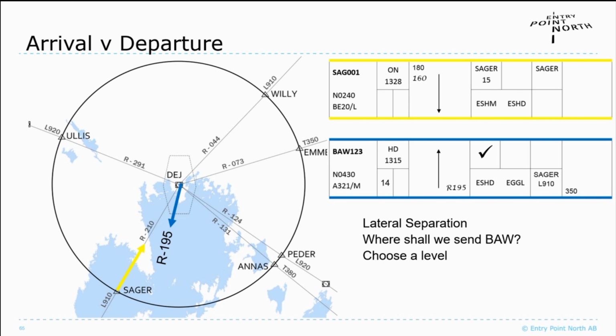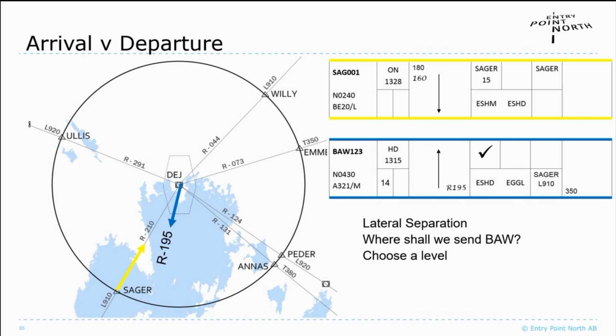We need to ensure that it allows Speedbird 123 to remain clear of terrain, remain clear of maybe other aircraft as well, and you want to give them as high as possible, but also of course we want to be able to descend Medical 001 low enough that they'll be able to carry out an approach at an appropriate rate of descent.